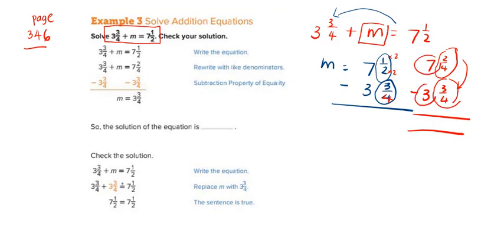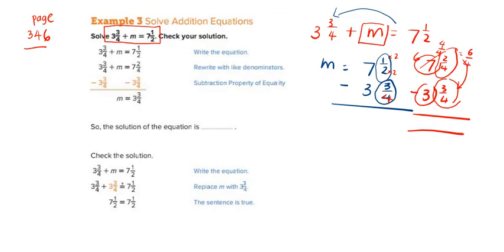There's more than one way you can do that. One method is you can borrow 1 from the whole number, so this will become 6. When we borrow 1, in the form of a fraction it is actually 4/4. So we're adding 4/4 to the 2/4, which gives us 6/4. So that becomes 6 and 6/4.